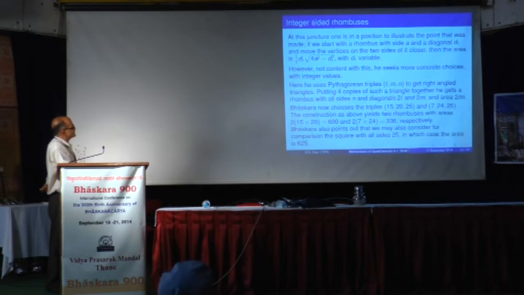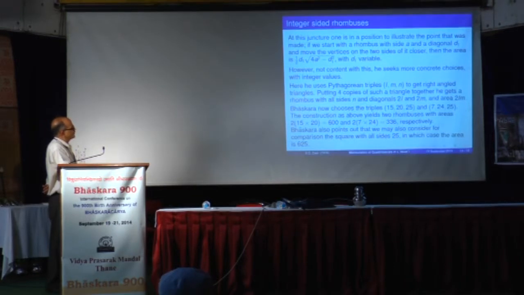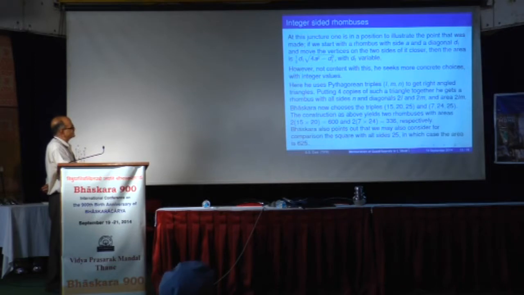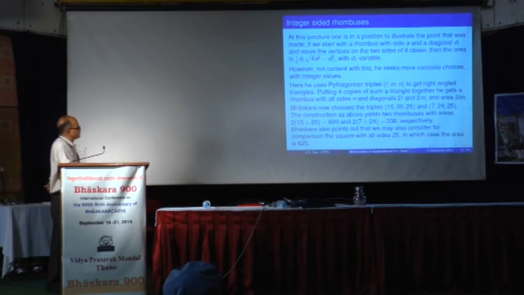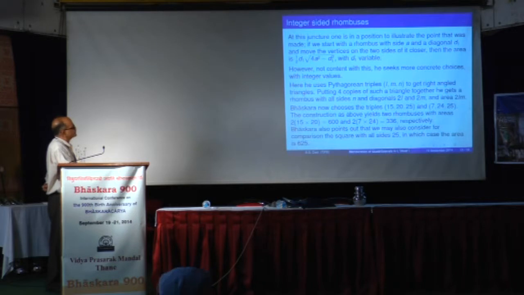For these two rhombuses, the area can be computed. One will be 600 and the other will be 336, which is substantially different. So we knew that they can be quite different. And to this, he also adds the example of a square with side 25, which can be compared with these, in which case the area will be 625.